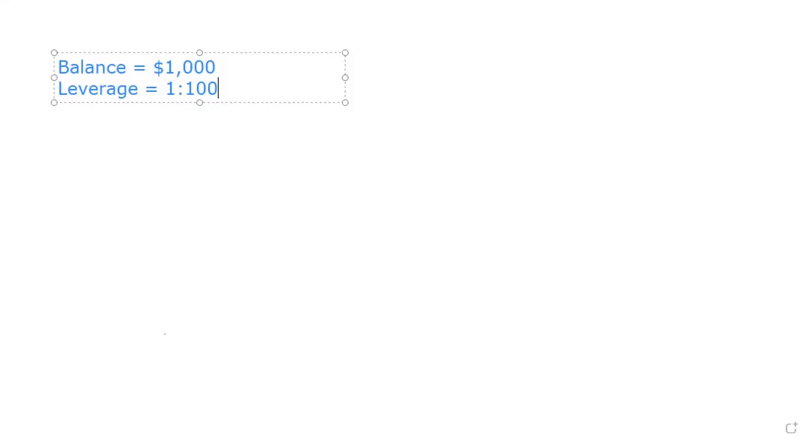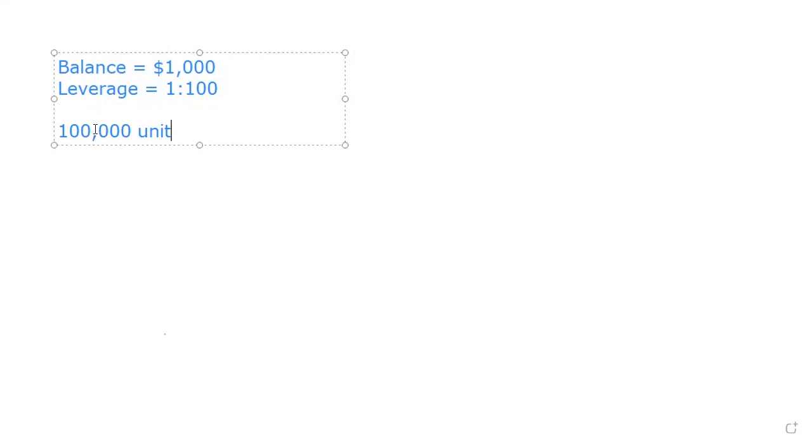So if you are buying one standard lot size, it means you are buying 100,000 units of that particular asset. So if you want to buy 100,000 units, let's say you are buying the US dollar, it means you will need $100,000 to buy just one lot size.